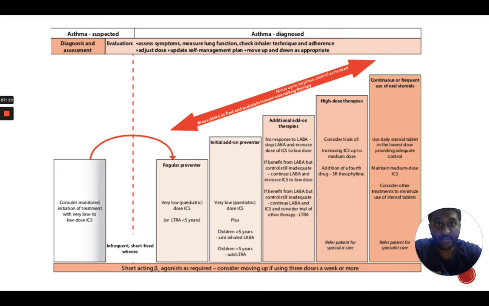Whenever you see a patient who is already on maintenance steroids and still having symptoms, it's always better to look at this step-based approach. It's given by a lot of asthma societies, BTS, and others. You can get it from any one of them.